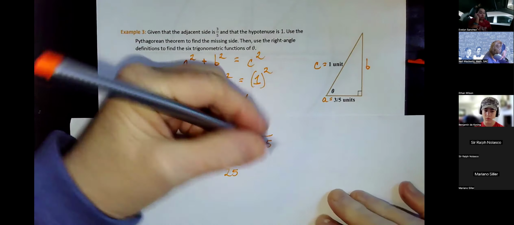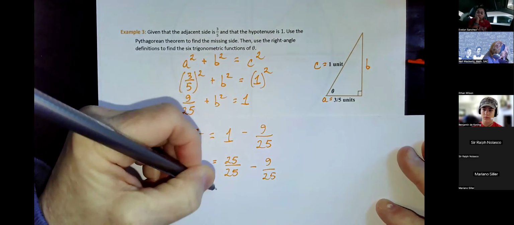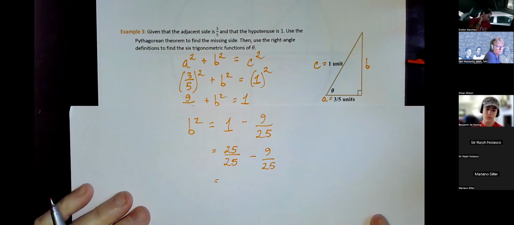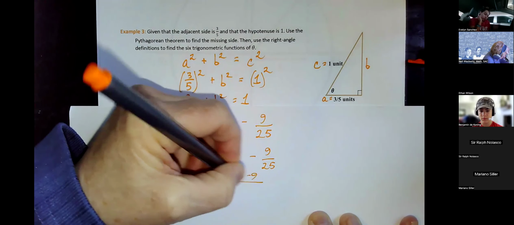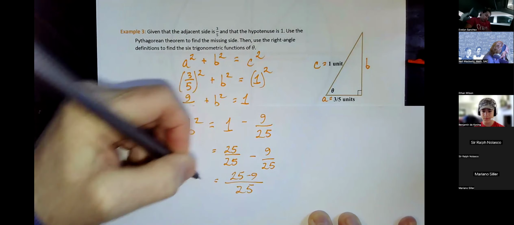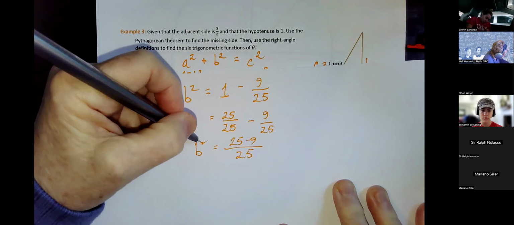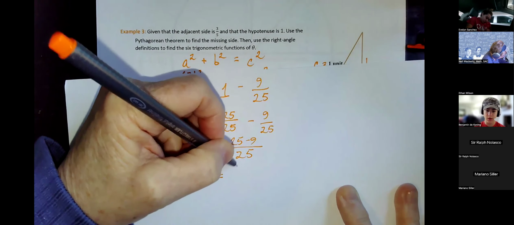So yes, now we've got a common denominator. And how do I deal with that? Remind me. It would just be 25 minus 9. Yeah, 25. Beautiful. Now what? So that would be, I'm pretty sure, 16 over 25.